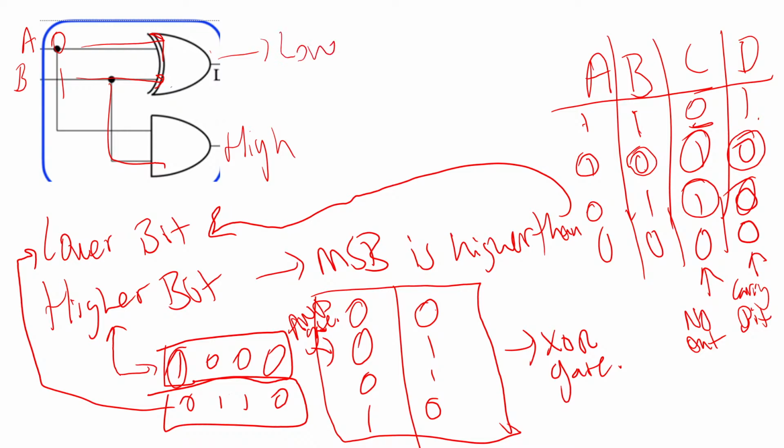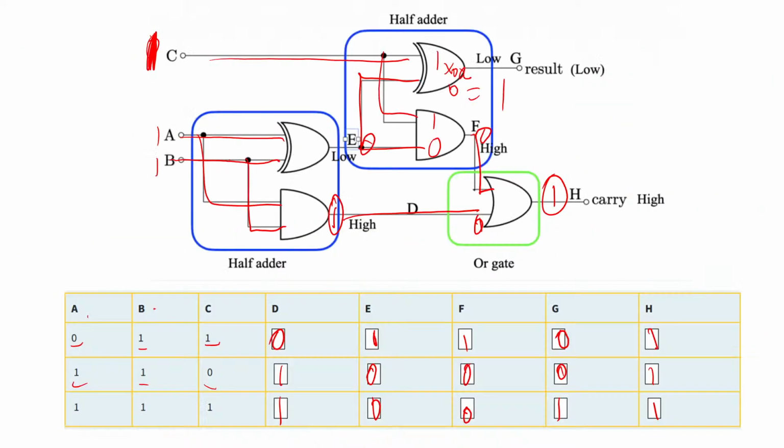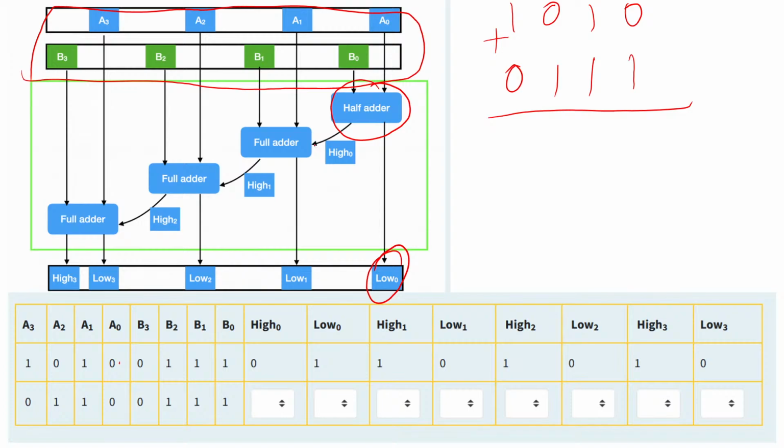So 0 XOR 1 is 1, and we have 0 as a carry bit. So the high naught is 0 and the low here is 1.